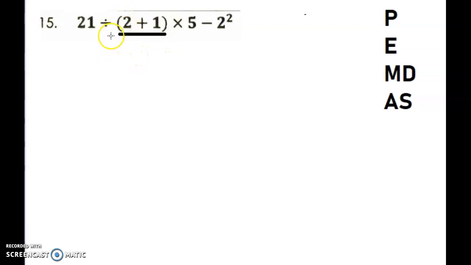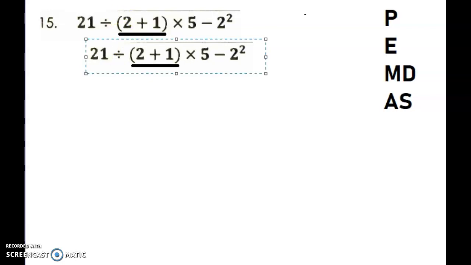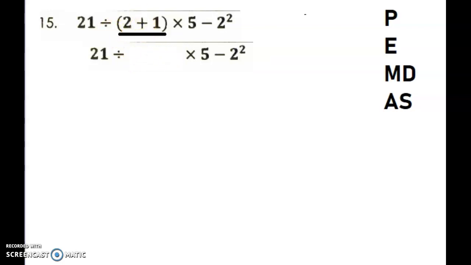Everything else I could actually bring straight down. You guys are going to have to rewrite it, but I won't because I have a computer. So instead of 2 plus 1, which I'm going to do first, it's going to be 3, right? So that's the difference there.